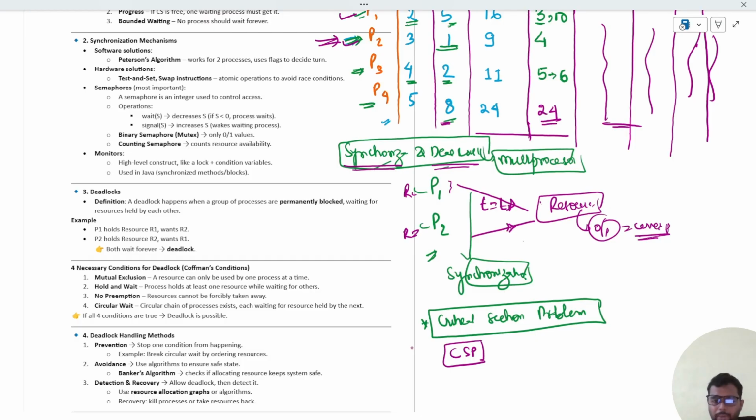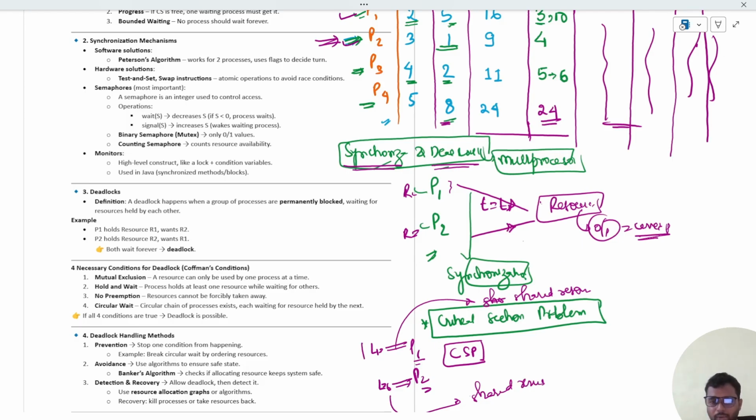Suppose in P1 and P2 we have some part of the code, let's say line L1 and line L6. I know that L1 will require some shared resource, and when L6 is executed, it will also require the shared resource.